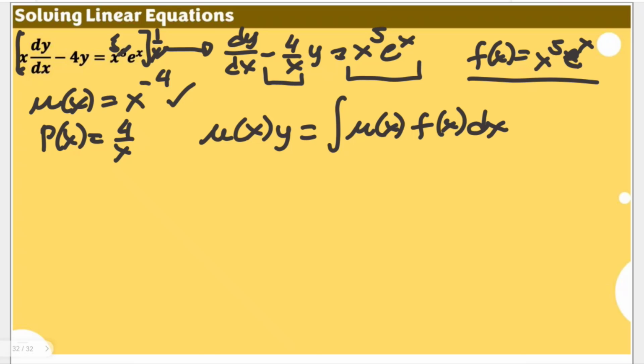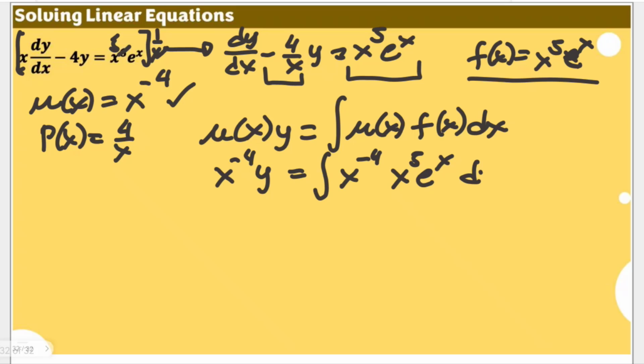So let's input all the notations here. On the left-hand side, you have x to the power of negative 4 y. On the right-hand side, you will have x to the power of negative 4 times your f of x, which is x to the power of 5 e to the power of x dx.